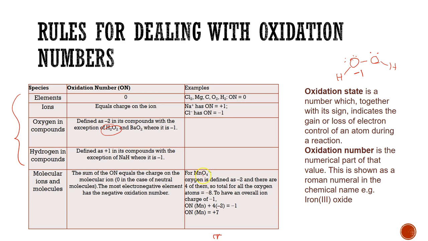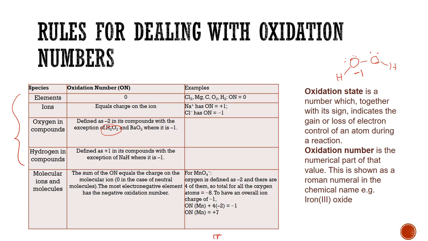So if we look at this example here for the permanganate anion, if oxygen is defined as -2, then I have 4 lots of -2, which gives me a total of -8 for the oxygen. I have to add up to have an overall charge the same as the charge that's on the molecule. So in this case, it's -1. So I need to figure out what plus -8 will equal -1, and I can work that out and figure out that it's 7.